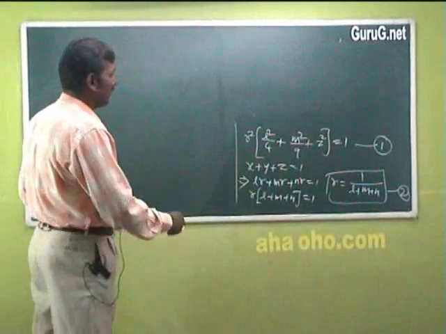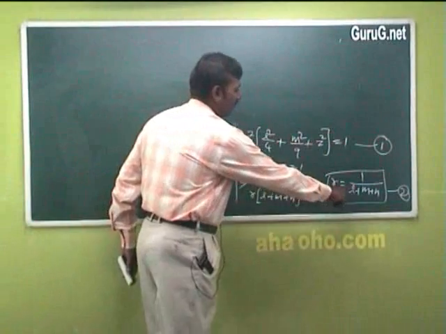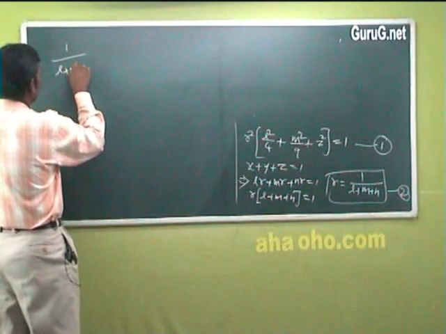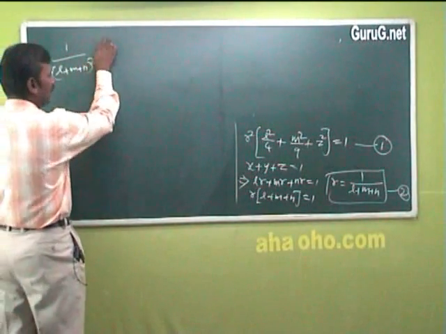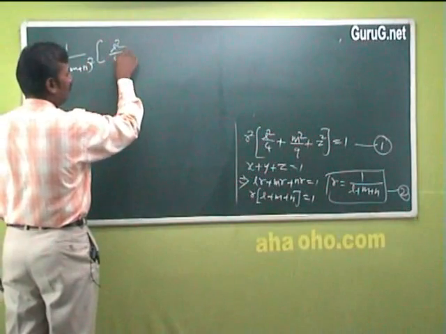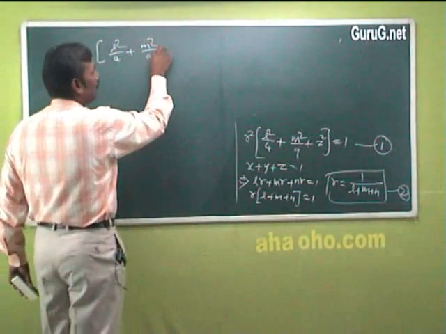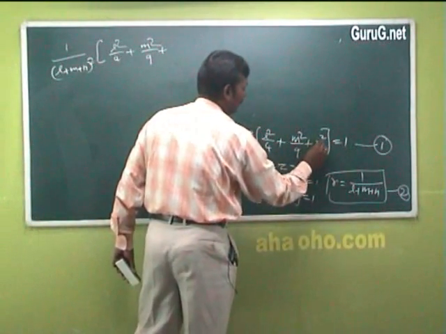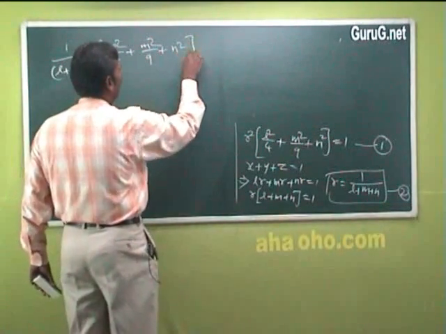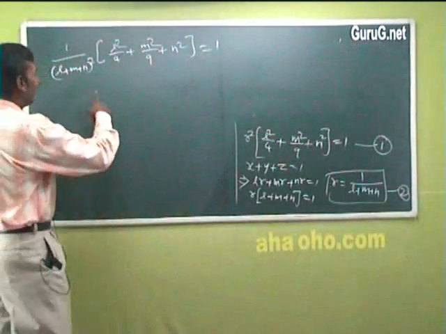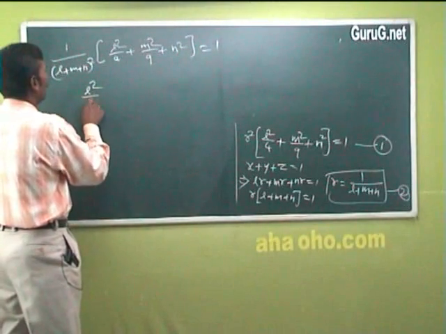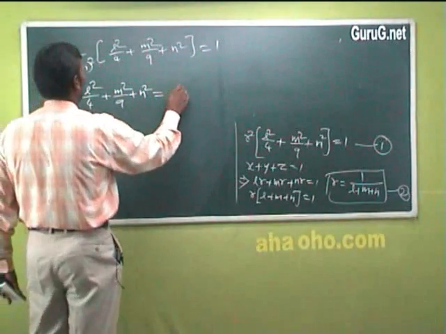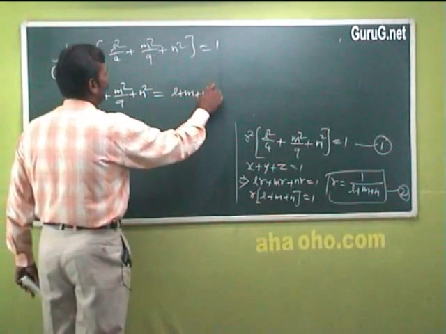So equation 1 becomes, you replace R by this, 1 by L plus M plus N, we get 1 by L plus M plus N the whole square into L squared by 4 plus M squared by 9 plus, I think this is N square, not Z square, plus N square equal to 1. So we cross multiply, L squared by 4 plus M squared by 9 plus N squared equal L plus M plus N the whole square.